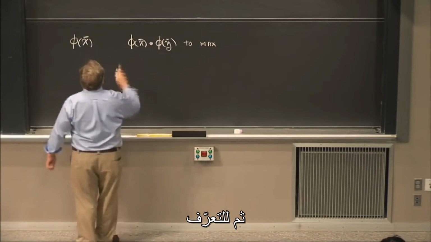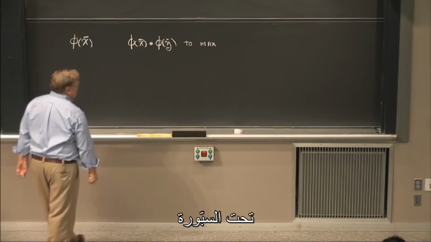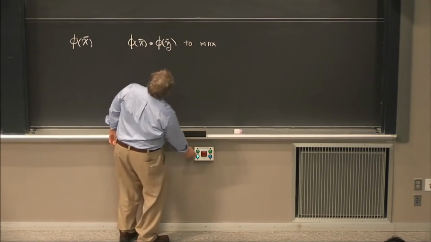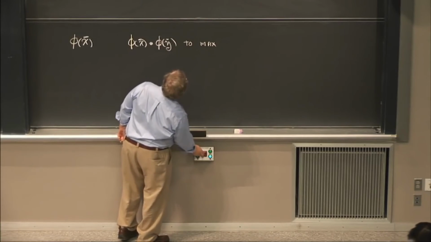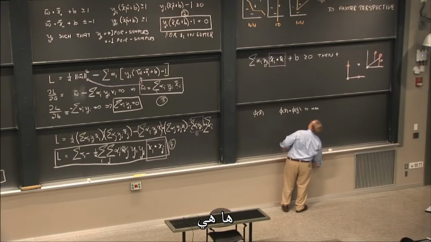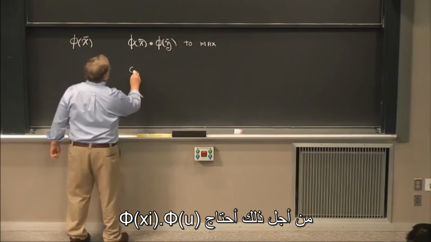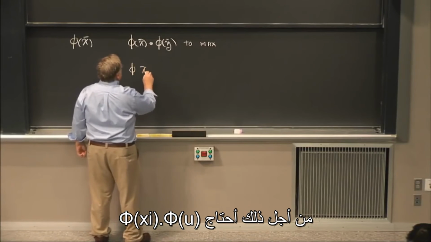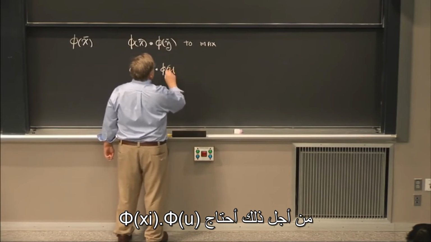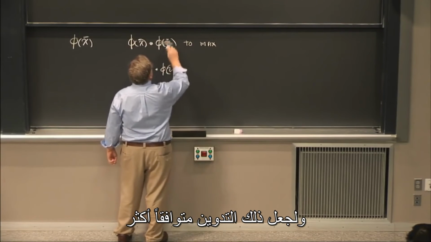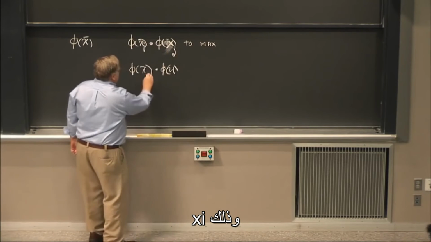Then, in order to recognize, where did it go? Underneath the chalkboard. Oh yes, here it is. To recognize, all I need is dot products too. So for that one, I need phi of x dotted with phi of u. And just to make this a little bit more consistent in notation, I'll call that x sub j and this x sub i.